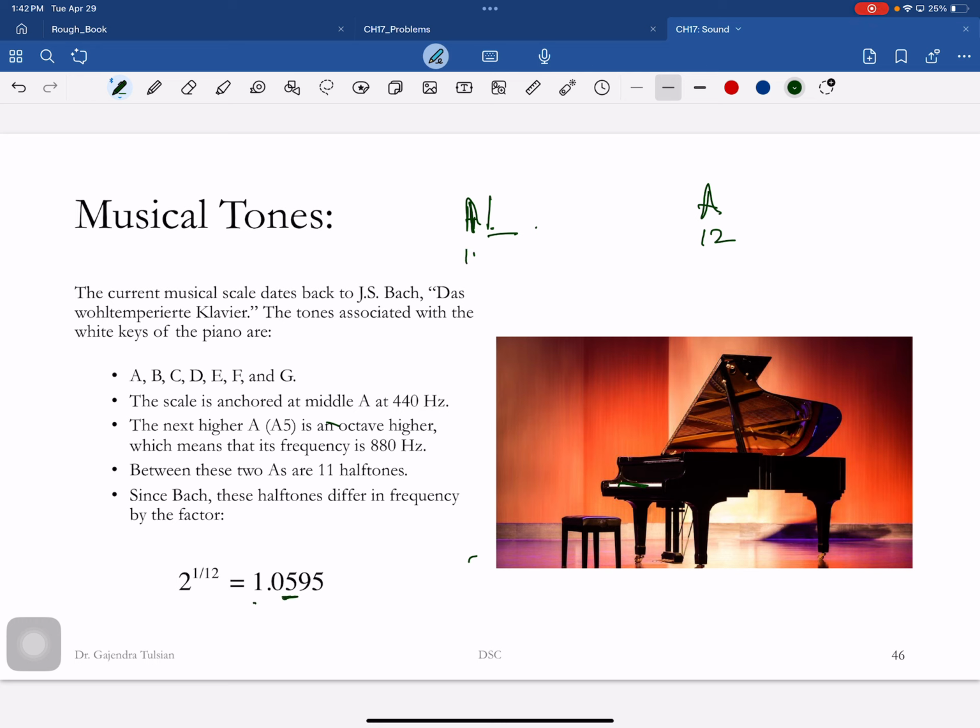So if this guy played 100 hertz, the next key plays 106 hertz, and then the next guy plays 6% higher, and so on. This guy plays 2 times, so 200 hertz. So that's how the piano keys are arranged. Each key's next higher frequency is to the power 1/12 higher.